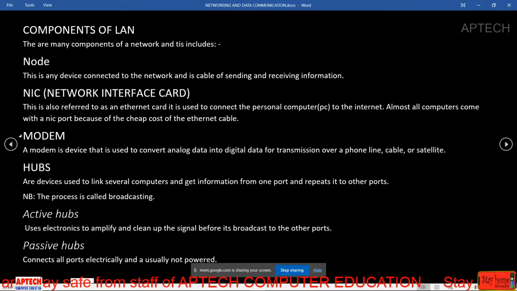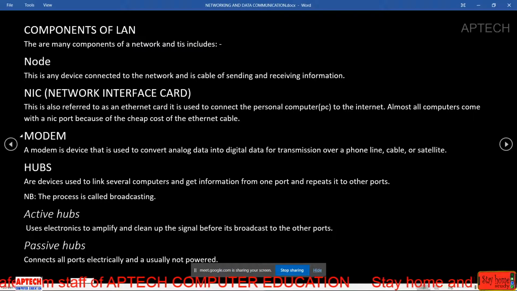We're talking about the different components of the LAN, local area network, and we stopped on hubs. If you don't know what hubs are, they work like switches, and you can't tell the difference between a hub and a switch, but they are no longer used. Reason being, whenever they got information, they sent it to all the ports.